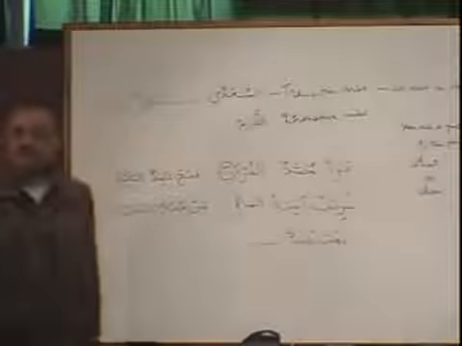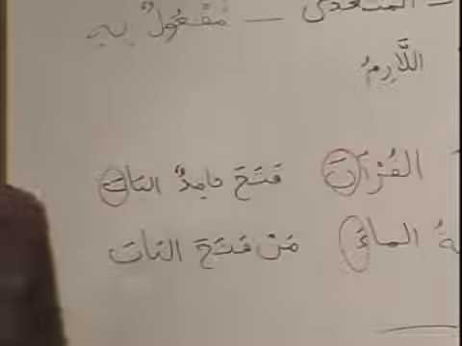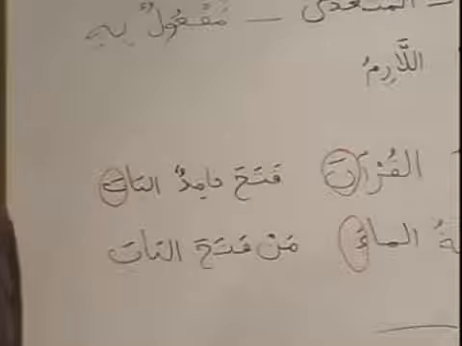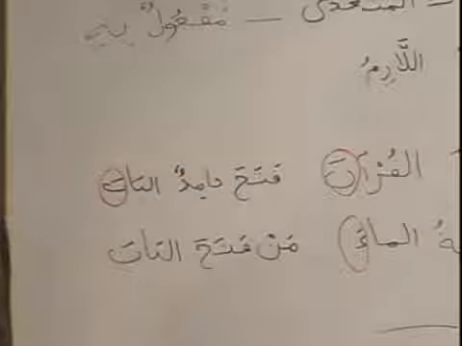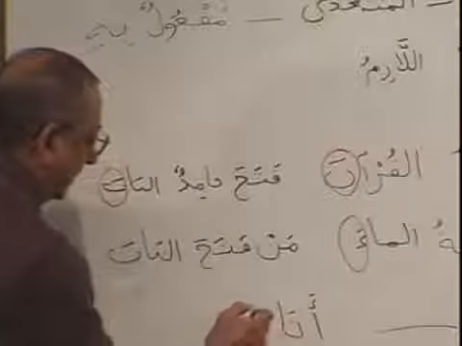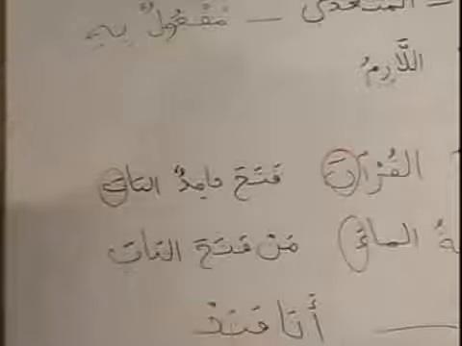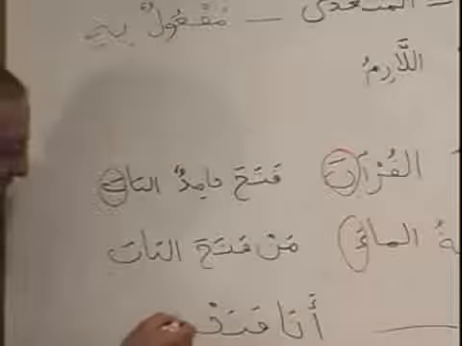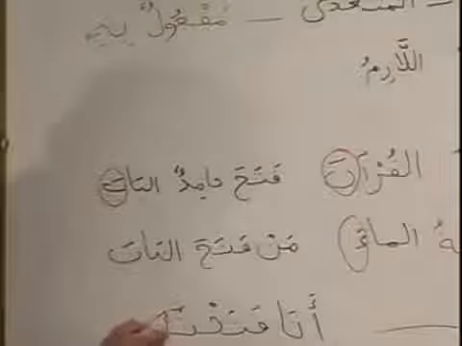Now Hamid answers, Ana fatahtuhu. See, now instead of saying Ana fatahtul baba, the more suitable answer will be Ana fatahtuhu. See, now fatah is your verb, tu is your fa'il, and then hu is what, brothers and sisters? Maf'ulun bihi.